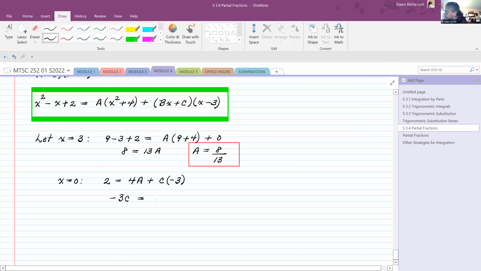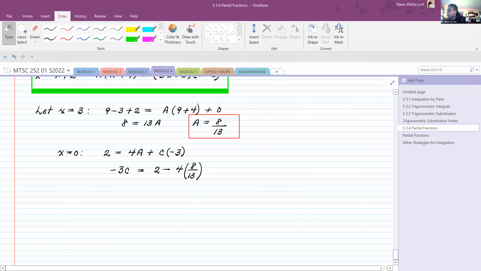is equal to 2 minus 4a, and a is 8 over 13. Any questions about that? Okay, so I get -3c is going to be 26 minus 32 over 13.